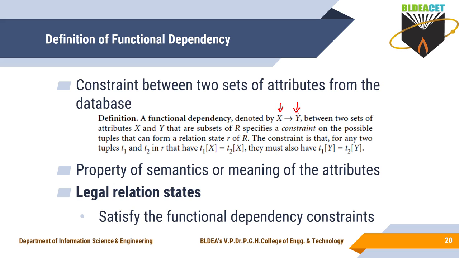So that is when it is possible. If this condition is true here, in two tuples X and Y, if the X value is the same and the Y value is the same, then only you call that X determines Y. So for example, here I'll take X as USN and Y as name, address and branch.